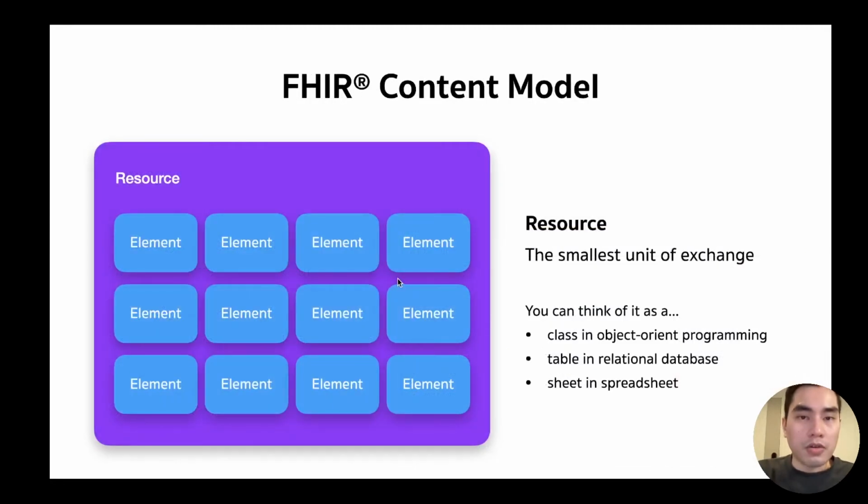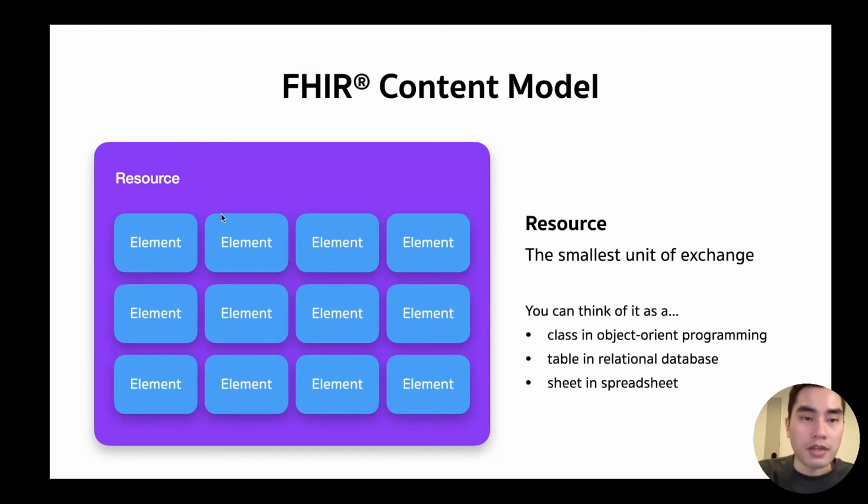Okay, so let's start with the first thing, that is the FHIR content model. We should start with the resource. Resource is the smallest unit of exchange. Maybe there are some elements inside the resource, but you cannot exchange the element directly.